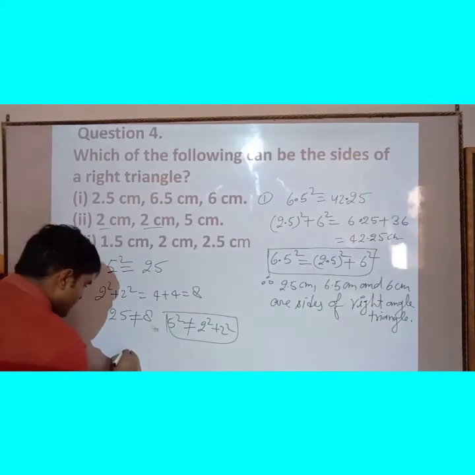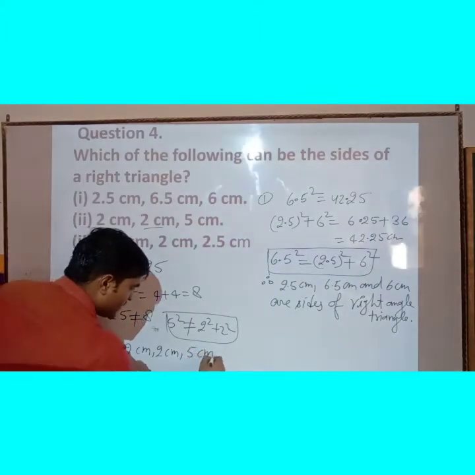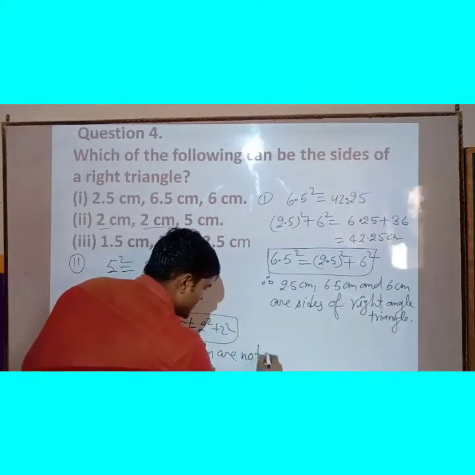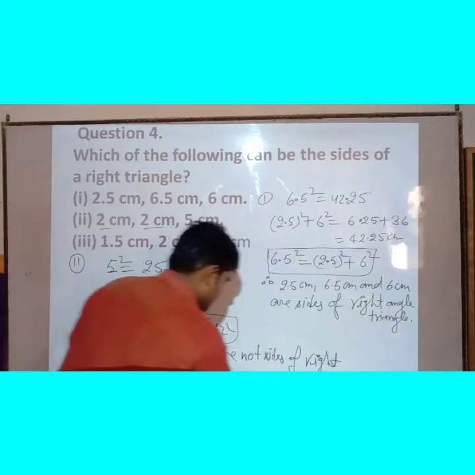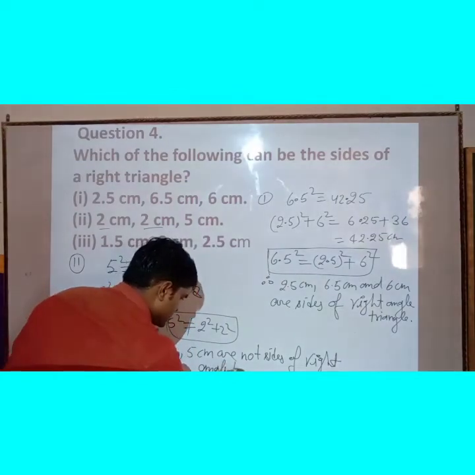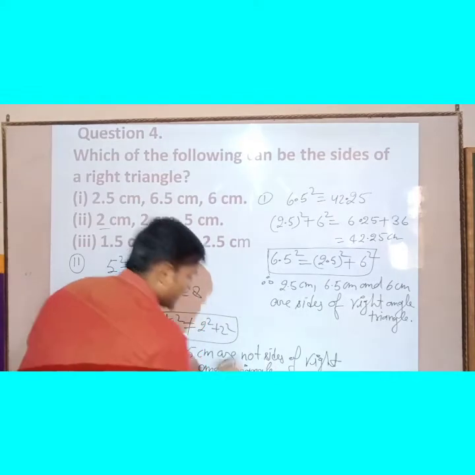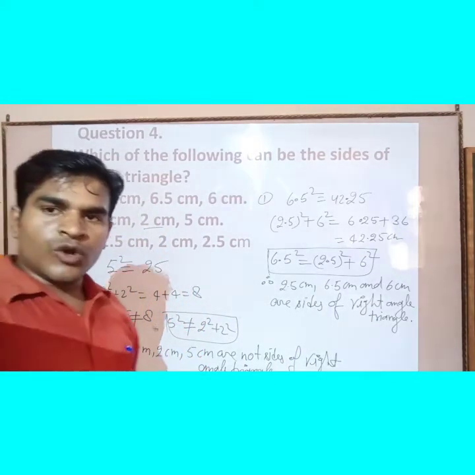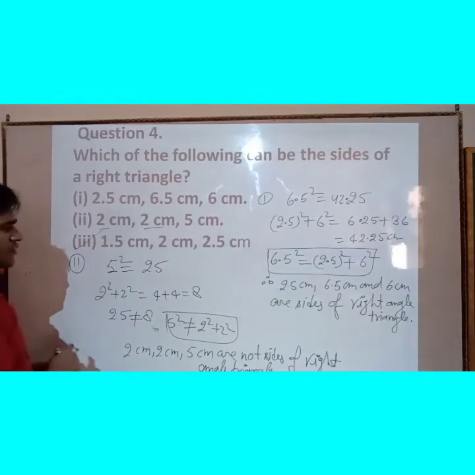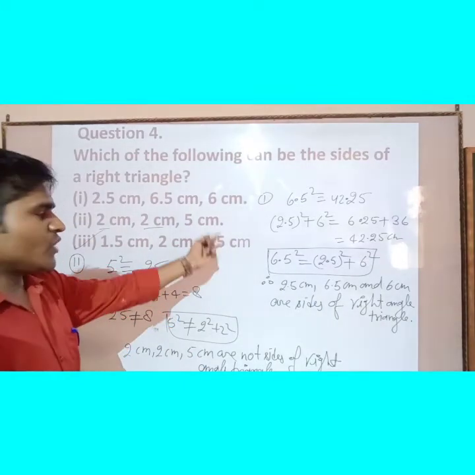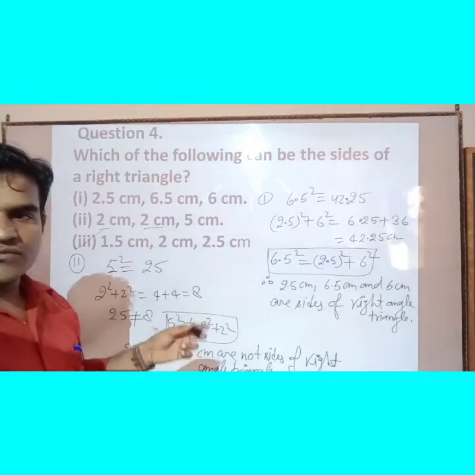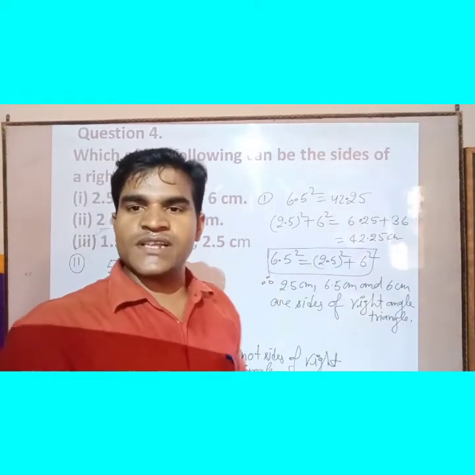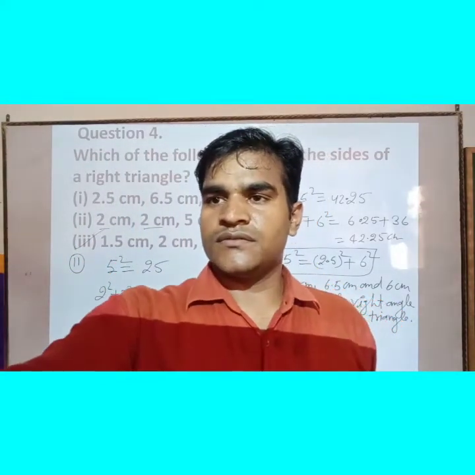Hope you can do the next one, the third one, like that. If the squares satisfy the relation, then they are sides of a right angle triangle, otherwise they are not.